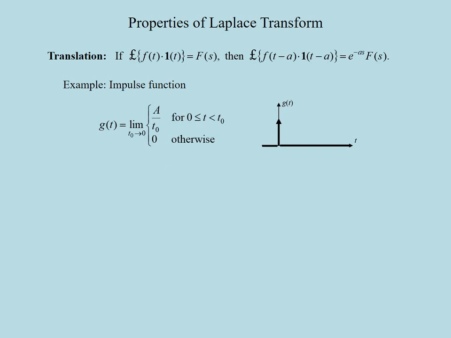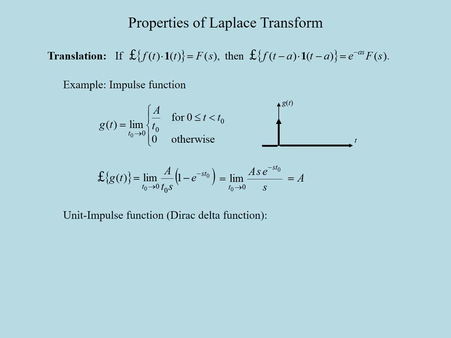The Laplace transform of an impulse function can be obtained from that of the pulse function by applying the same limit. By using L'Hopital's rule, this limit can be shown to be equal to capital A. In the case where A is equal to 1, we have the unit impulse function, which is also called the Dirac delta function.